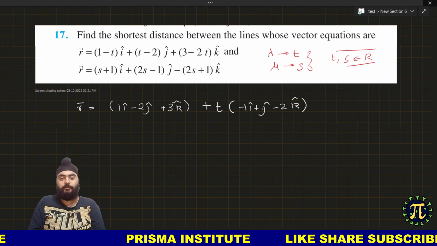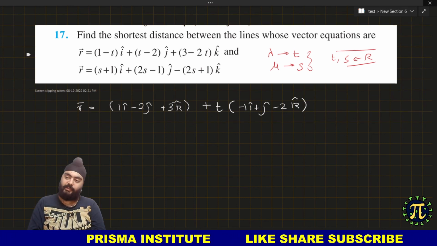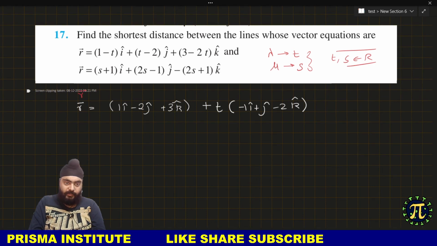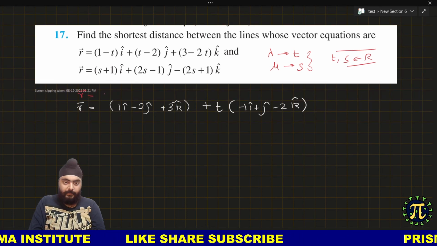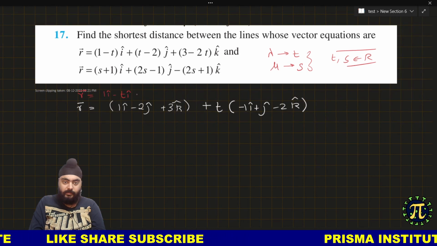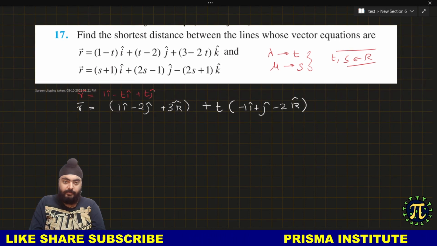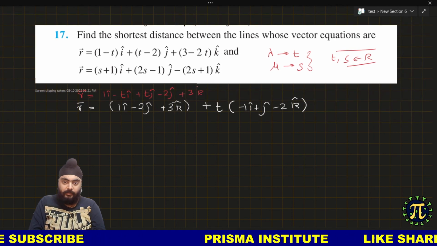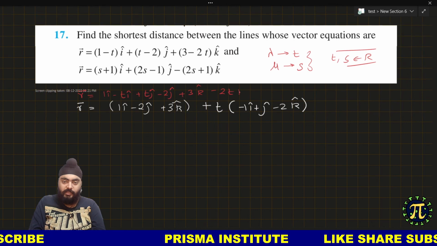So if you are finding this difficult to write in एक ही बारी में, तो ध्यान से देखो, all I've done is opened this to write 1 i cap minus t i cap plus t j cap minus 2 j cap plus 3 k cap and minus 2t k cap.